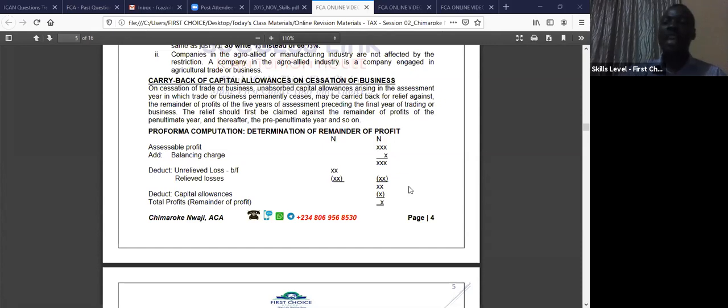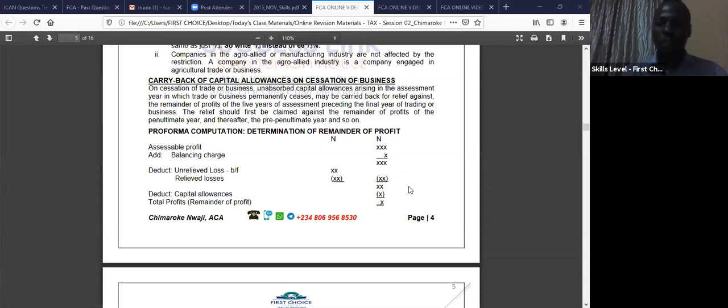Normally, the rule is carry your capital allowance forward until you have profits to relieve it. But here in the last year, you cannot carry forward. So you carry backward. So now you are in the ultimate year. You cannot go forward. All you need to do is go backward to the penultimate year.